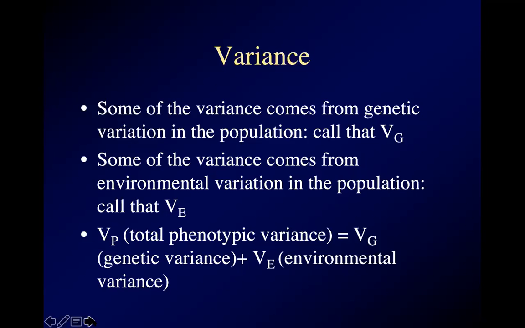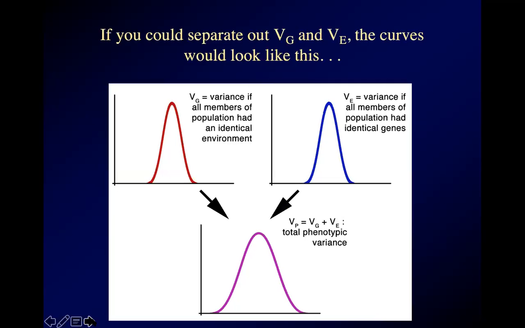And we can call those two components V sub G and V sub E. And the total phenotypic variance you can think of as the sum of genetic variance and environmental variance. And you can kind of think of this as being like adding bell curves.